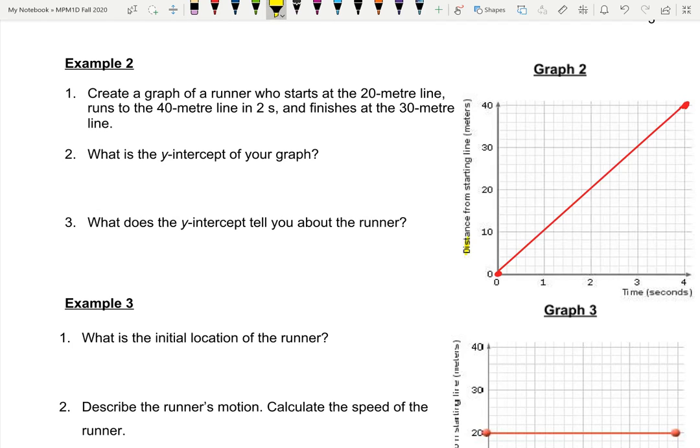It says here distance from the starting line. If you're 0 meters away from a starting line, that means you're on the starting line. So at 0, 0, this runner is on the starting line. That is the runner's initial location.